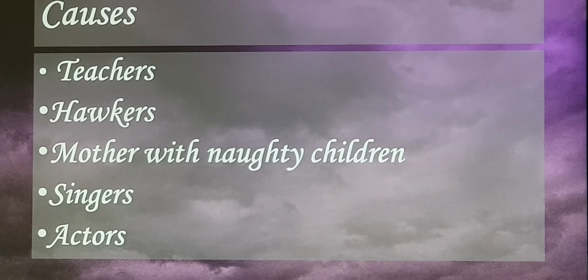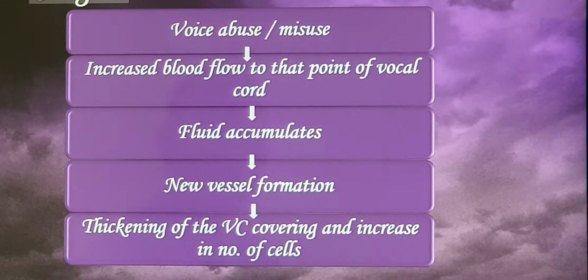I'll tell you step by step what happens in these patients. To start with, you have voice abuse and voice misuse. When it continues, at the junction of the anterior 1/3 and posterior 2/3 there will be increased blood flow to that particular area.